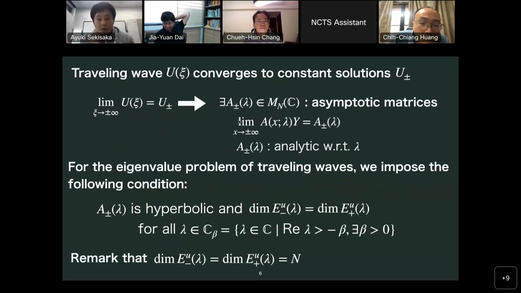The matrix of the linear system then converges to the constant matrix A plus minus lambda, with respect to the linearized equation around the constant solutions u plus and u minus.